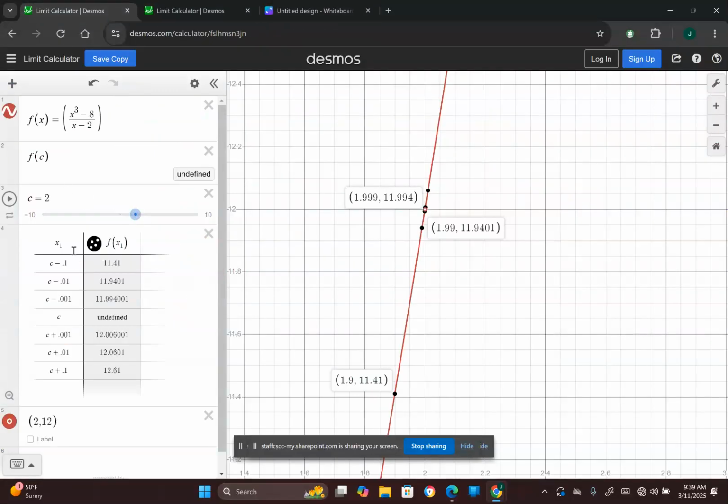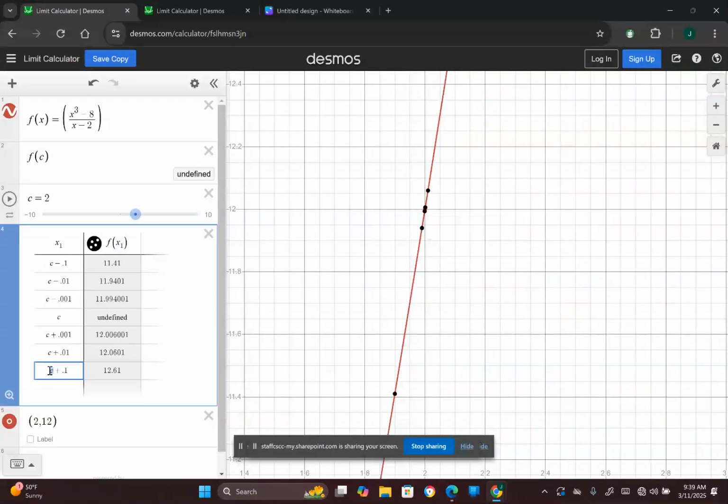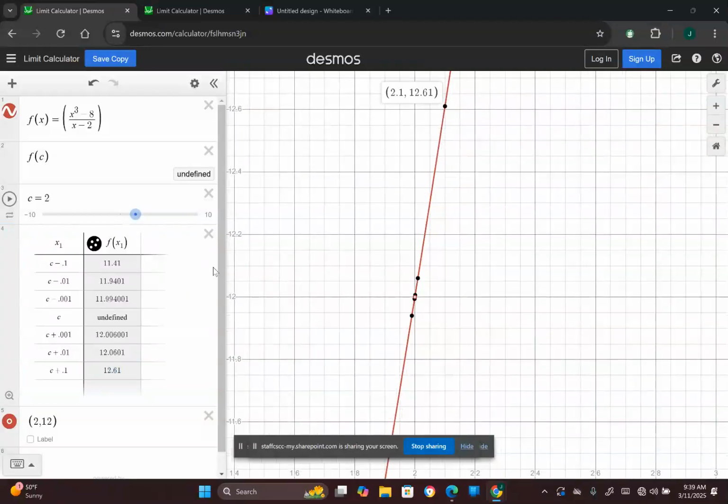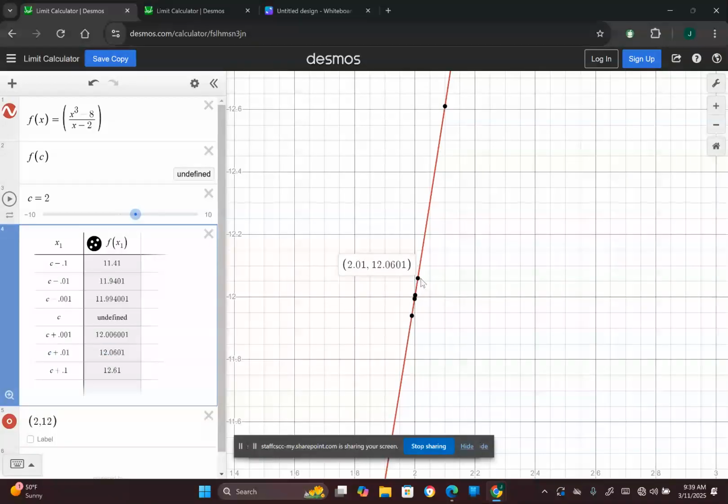Look at the table again. We're going to go to the right-hand side. 2 plus 0.1 comes out to be 12.61 for the y value. If I take 2 plus 0.01, I get 12.06. Now notice again, these y values are getting closer and closer to 12. And that last one, if I take 2 plus 0.001, I get 12.006001.